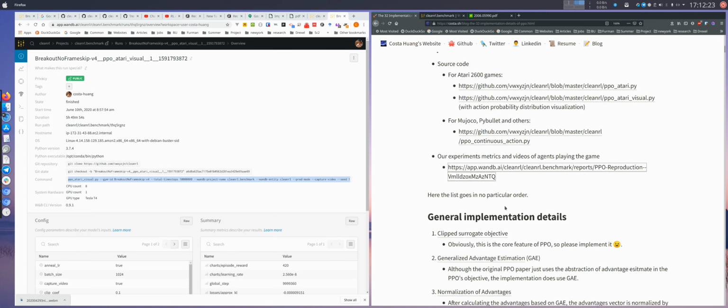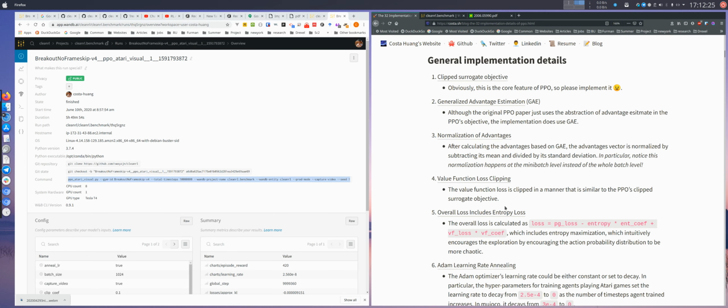In any case, let's get into the details. So the first detail is obviously the clipped objective is a good objective. This is a core feature of PPO, so please implement it. And the same thing with generalized advantage estimation. The PPO paper just says you can use an advantage estimator, but in practice, even in the paper, they do mention that they use GAE.